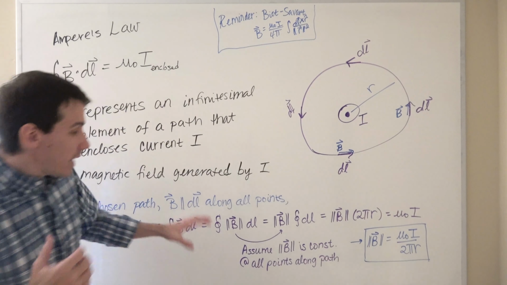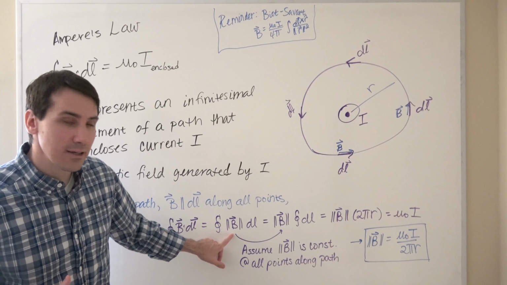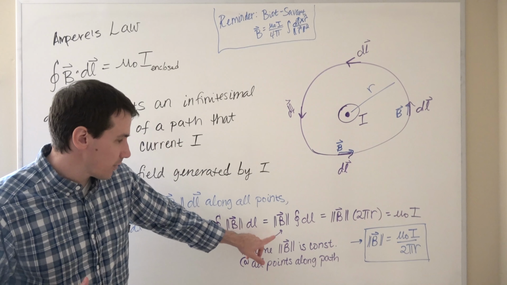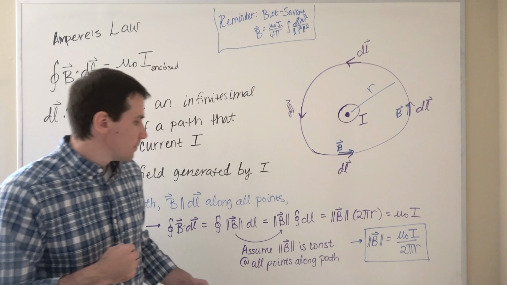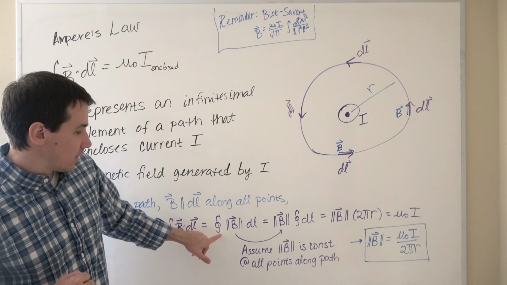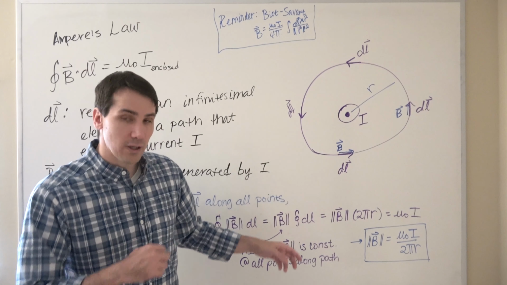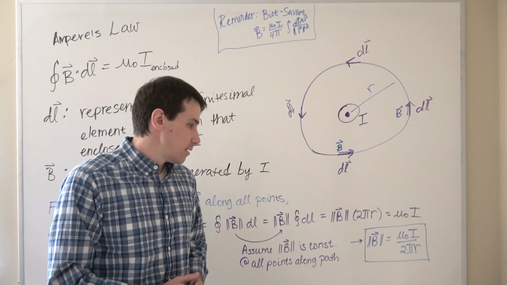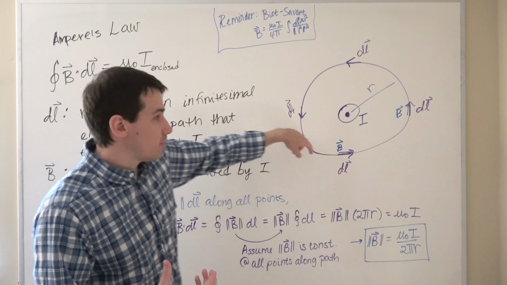So, making this assumption, we can take the magnetic field outside of our integral because we can pull constants outside of integrals. Now, instead of having an integral of B times dl, we have B multiplied by an integral of just dl. But this integral is simply the length of my loop.